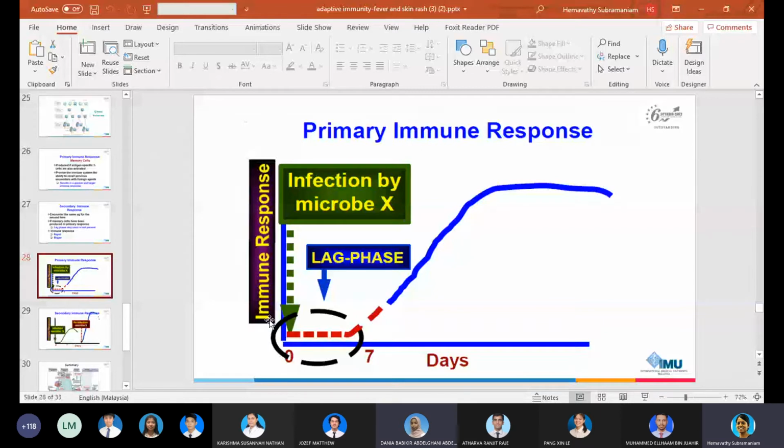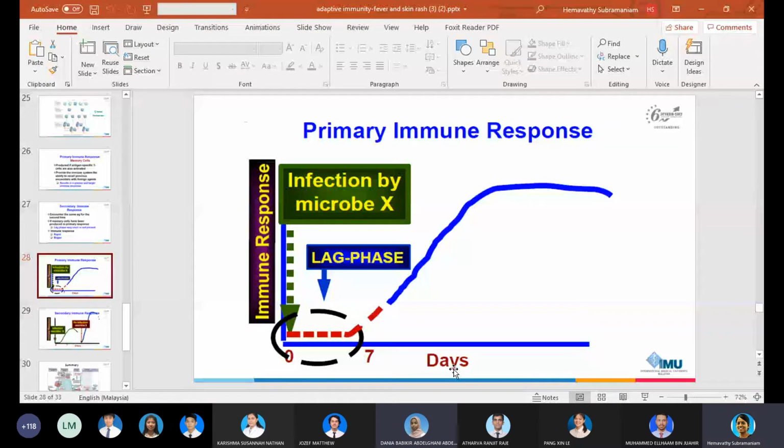It has a time from 0 to 7 days. The lag phase means that this is the first time that the body has been infected with that microbe. Okay, very good.